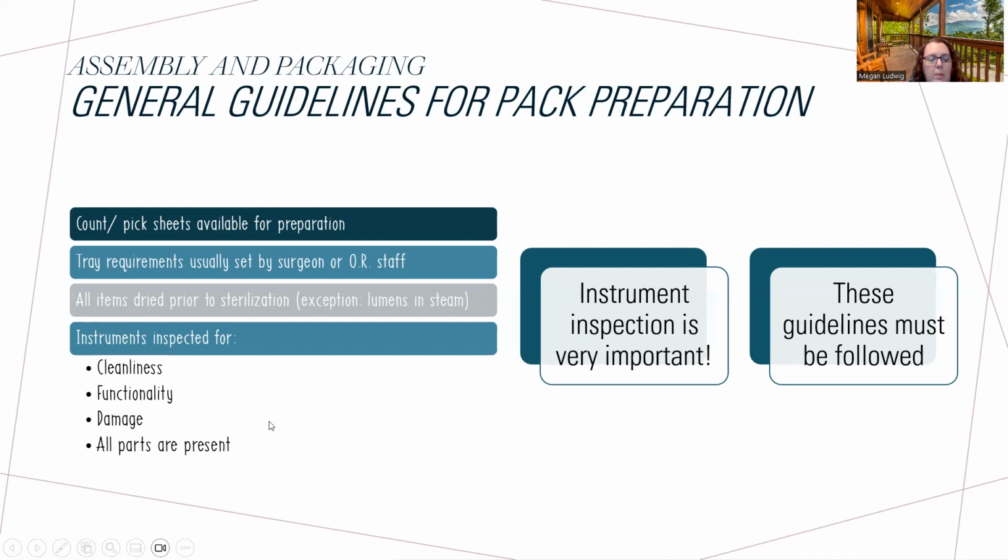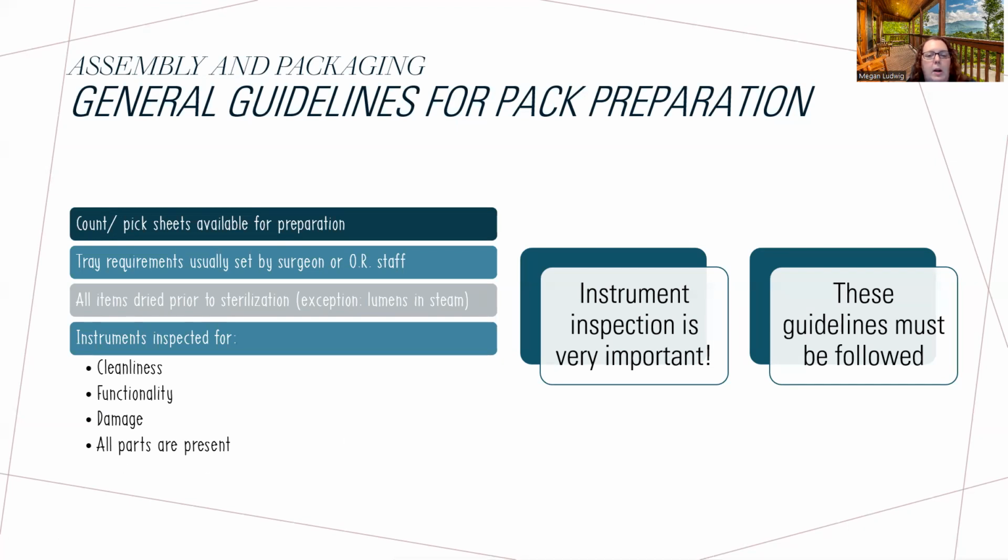Make sure there is no damage to the instrument. Sometimes we use heavier equipment. Maybe a drill came in contact with an instrument and put a dent in it or something like that. It could cause there to be a sharp edge or something. So you want to make sure there's no damage and that all parts are present.